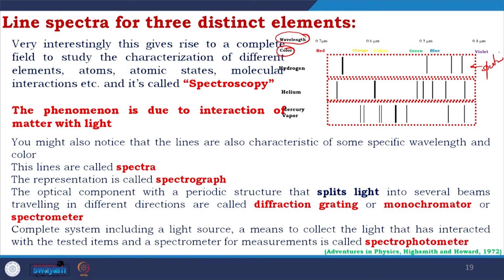The complete system, including the light source, a means to collect the light that has interacted with the tested items, and a spectrometer for measurement, overall the machine is called spectrophotometer. So, these are the basic terminologies: the spectra, the spectrograph, the diffraction grating, monochromator and spectrophotometer.